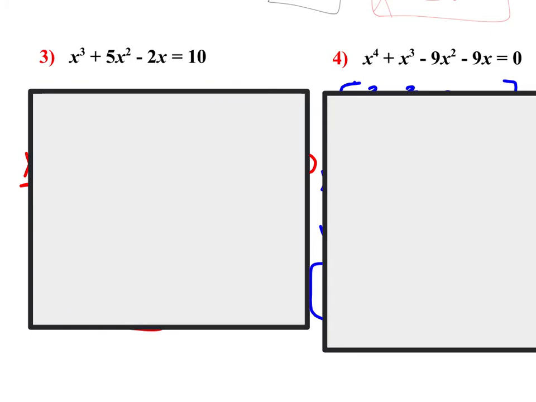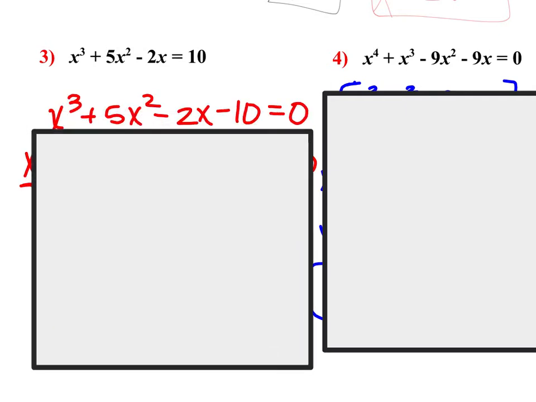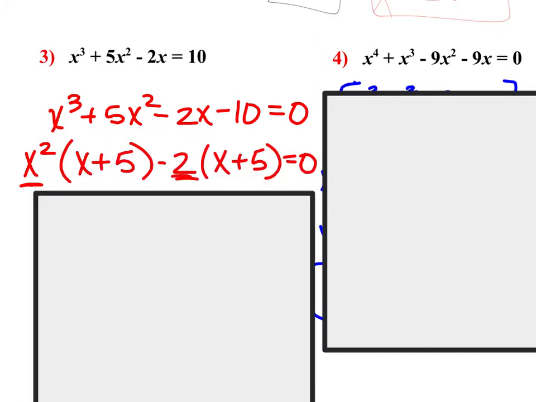So again, let's see what happens. Number 3, we're first going to start off by setting this equal to 0. So that 10 got scooched over. Once it's set equal to 0, we're going to group them up. First 2 terms and the last 2 terms grouped together. From each group, you're going to pull out the GCF.